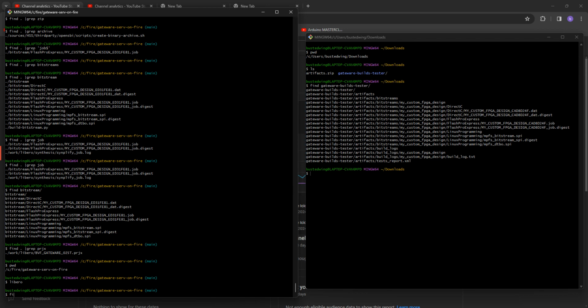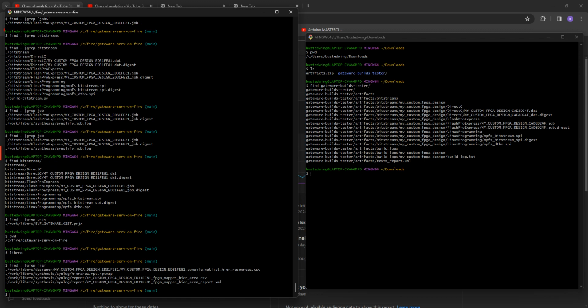Let's see if I can find it. You'll notice that I use the find command a lot. I never know where anything is, but with that, I can usually remember just enough of a file name to successfully open it up or find it.